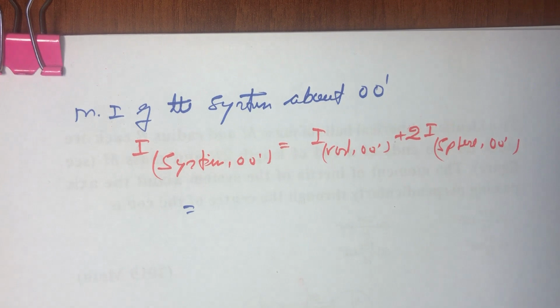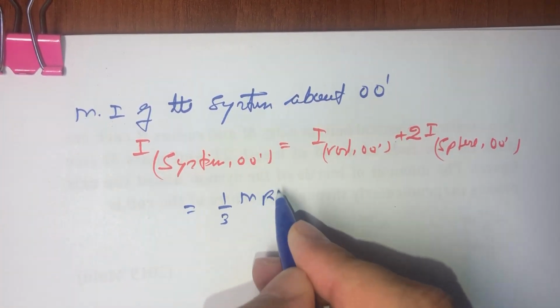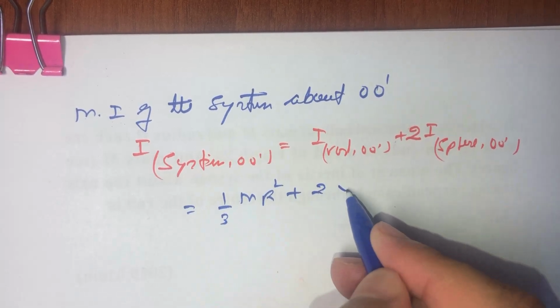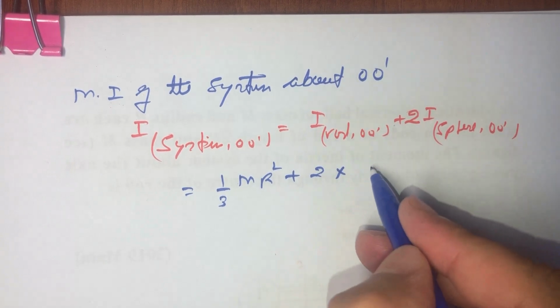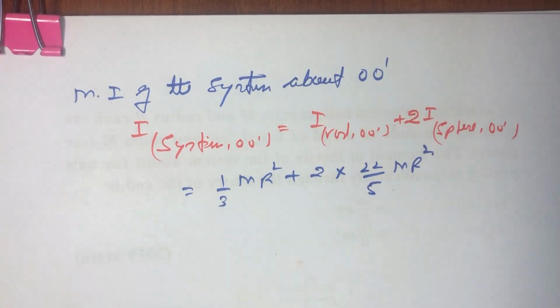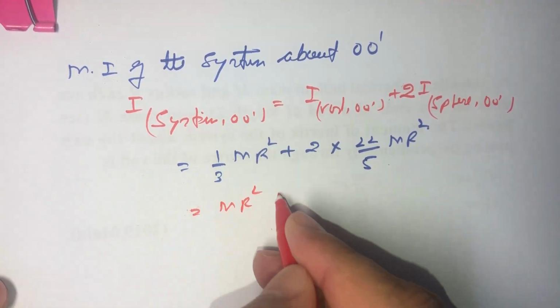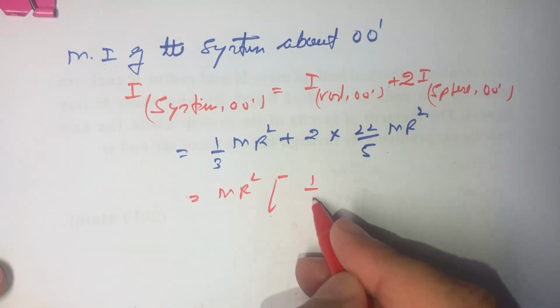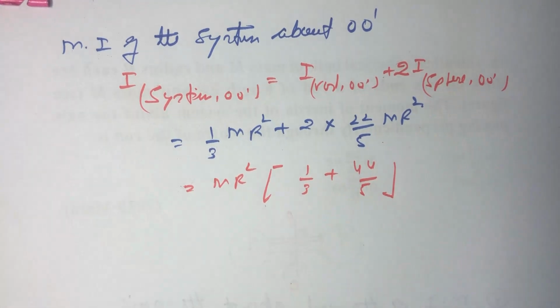So I rod, we got this as 1 by 3 mr square plus twice, and we got the sphere with respect to axis OO prime is 22/5 mr square. Mr square we can take as common, so we will be left with 1 by 3 plus 44/5. So 15 will be the LCM.